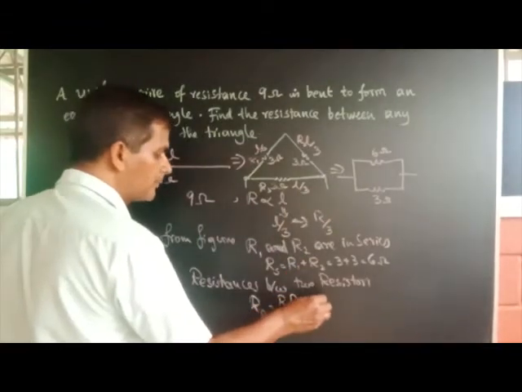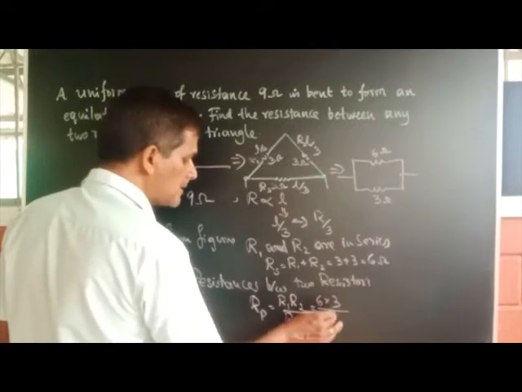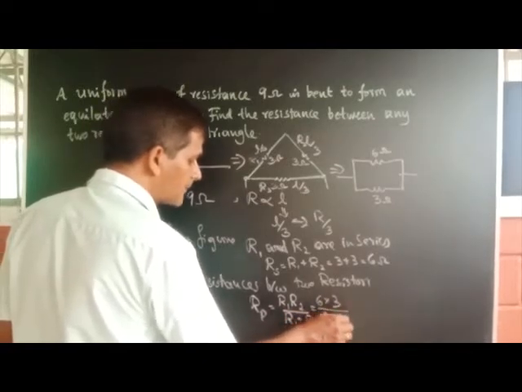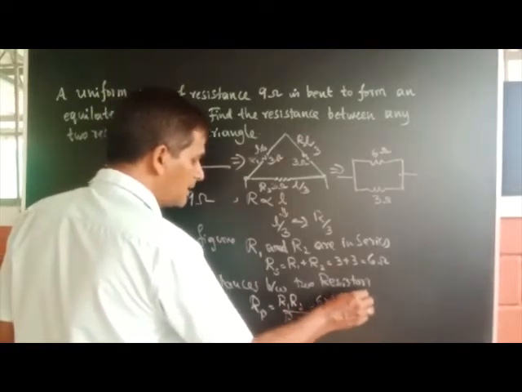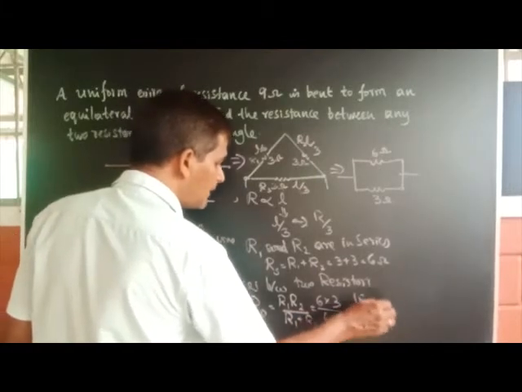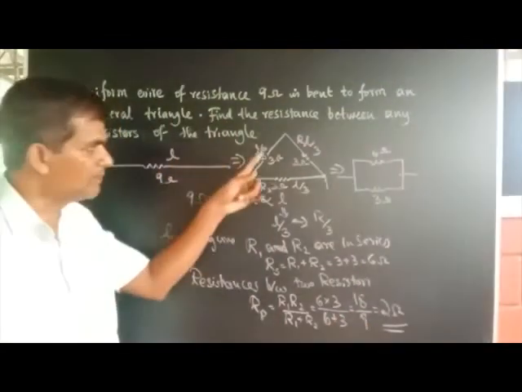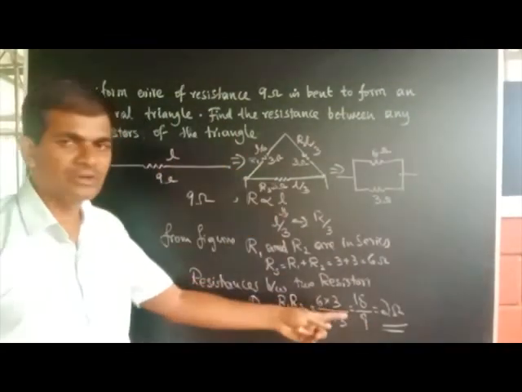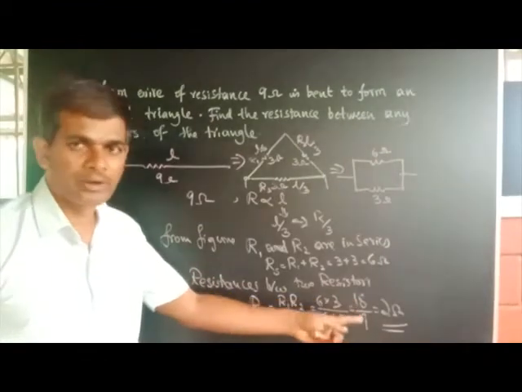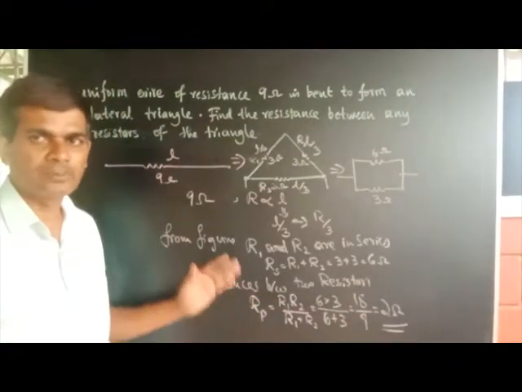The 6 ohm and 3 ohm: 6 into 3 is 18, divided by 6 plus 3 which is 9. The effective resistance will be 2 ohm. This is the answer. So the effective resistance between two resistors is 18 divided by 9, that is 2 ohm. This is a way of solving this problem.